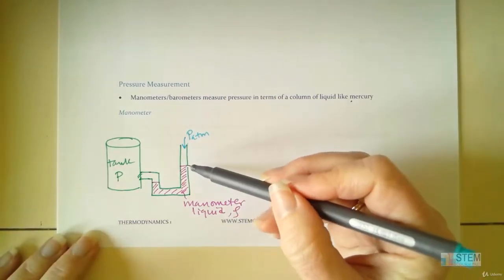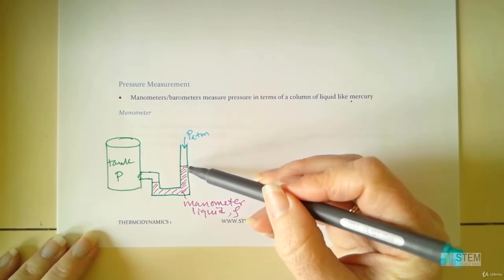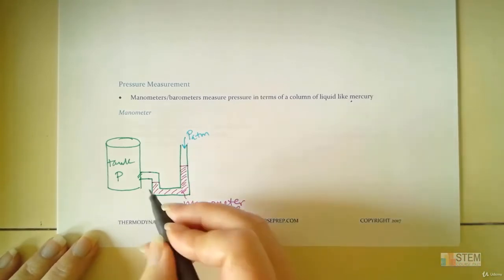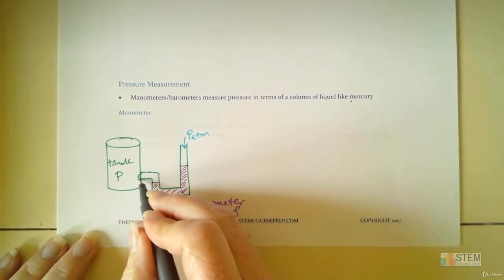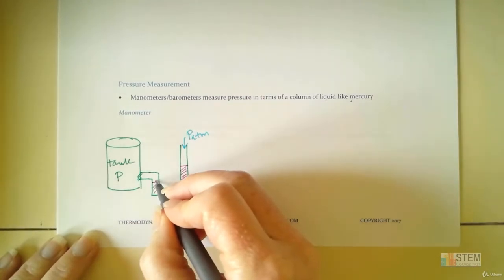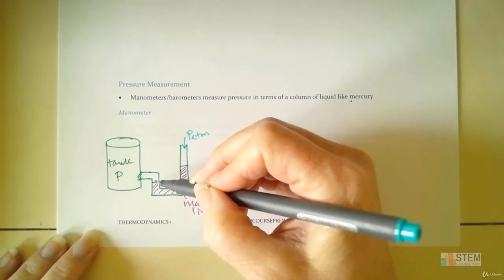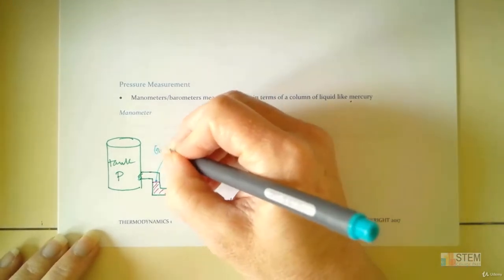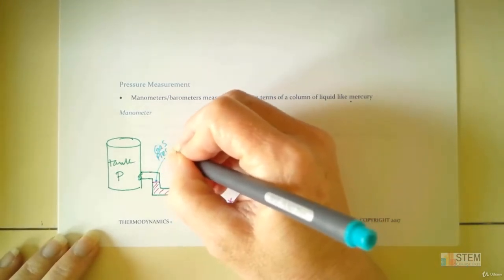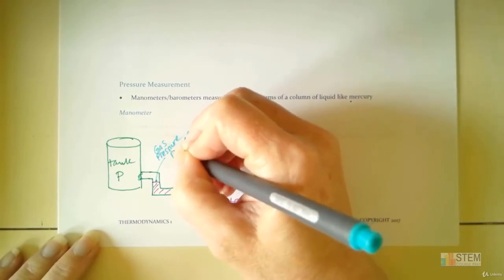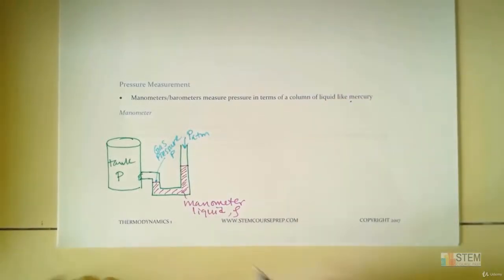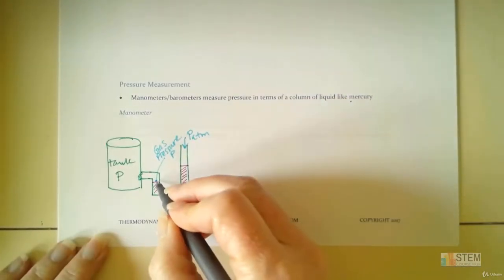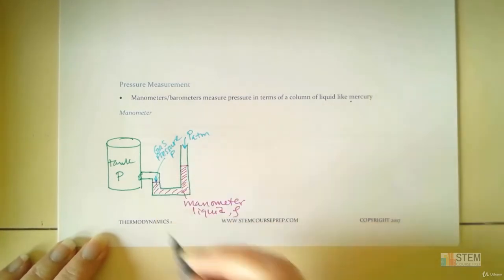All right, so this manometer liquid has the pressure of the atmosphere pushing down. Now here, remember we said this was open. So at this point right here, the manometer liquid has the pressure of the gas. So that'll be the gas pressure P. So that's felt right here, and that's going to push down.